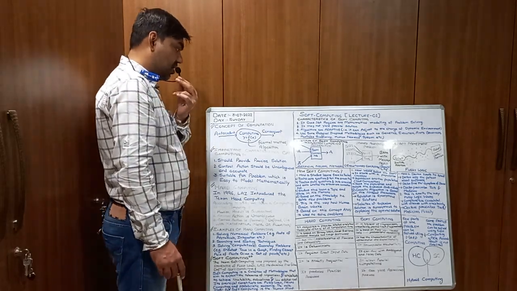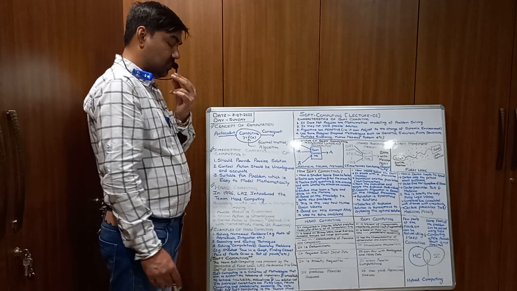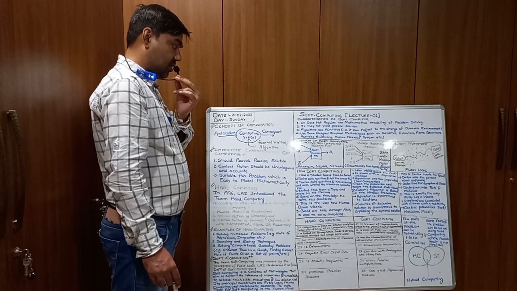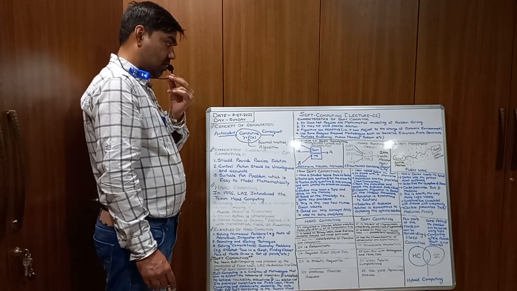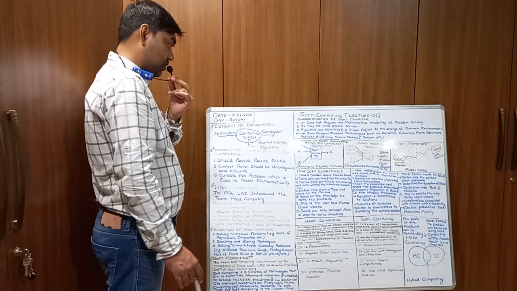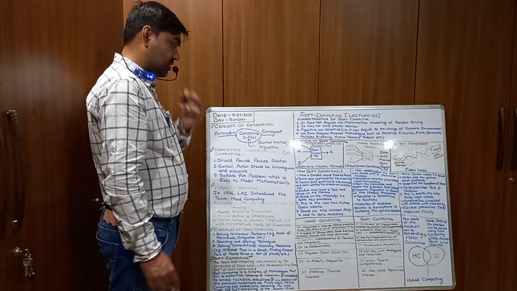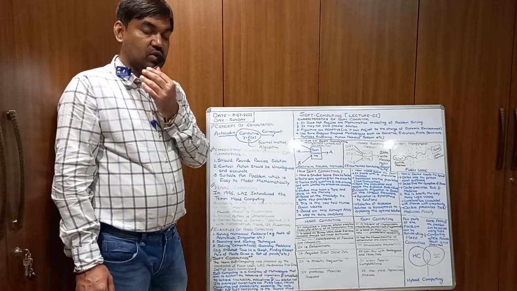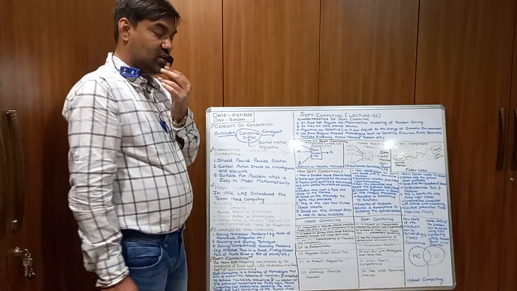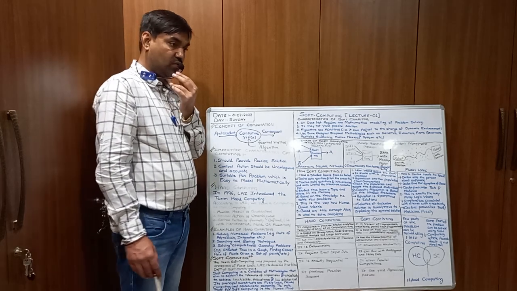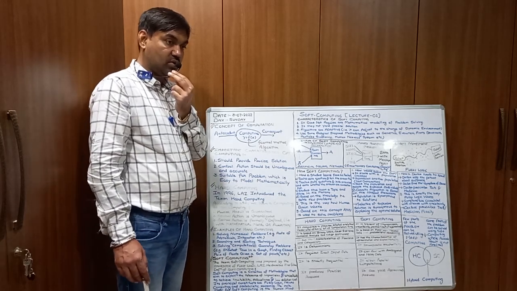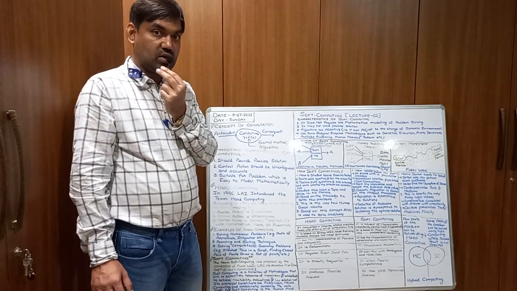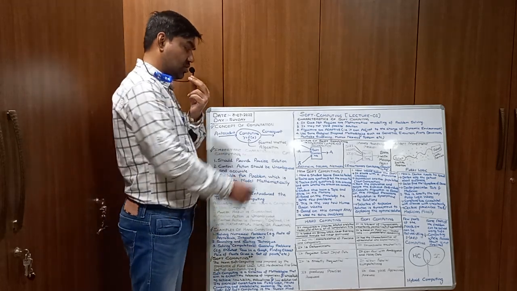Then, what are the important characteristics that you are thinking of in computing? There are three basic things. The first thing is it should provide a precise solution. What does it mean? It means that for a particular input, there should be a particular output, a precise solution.